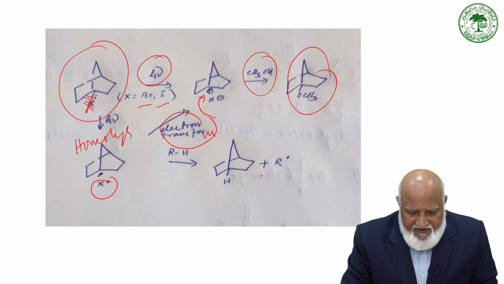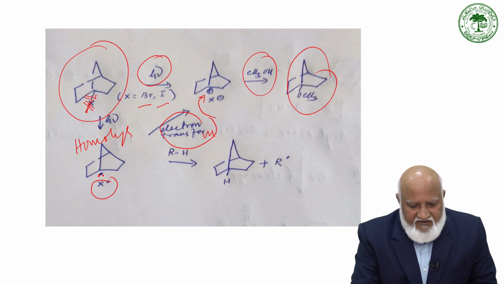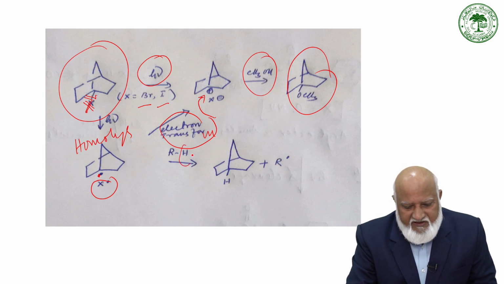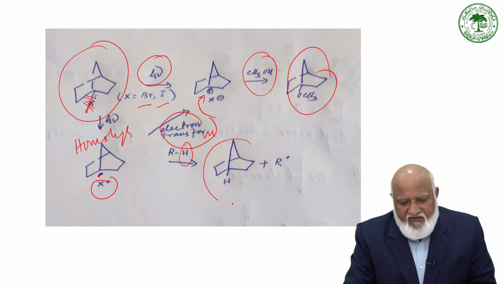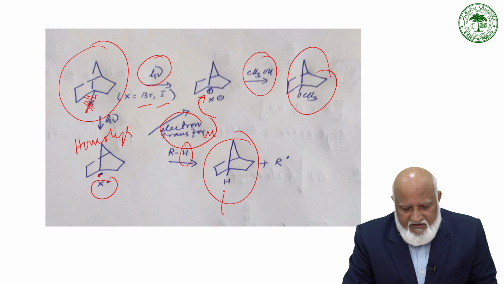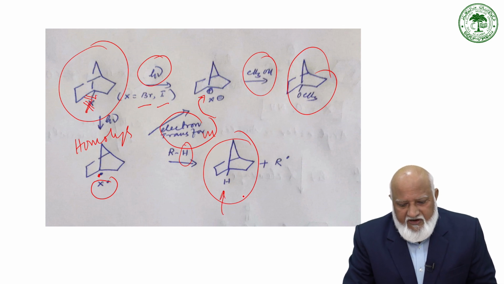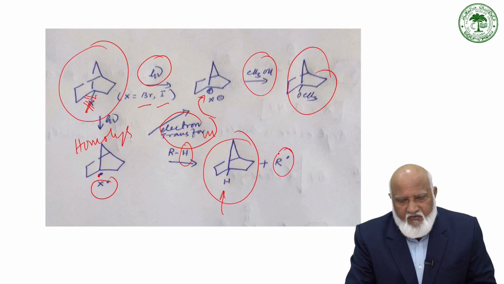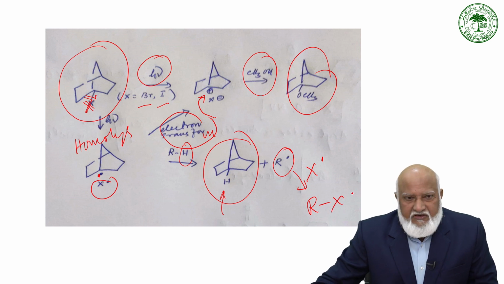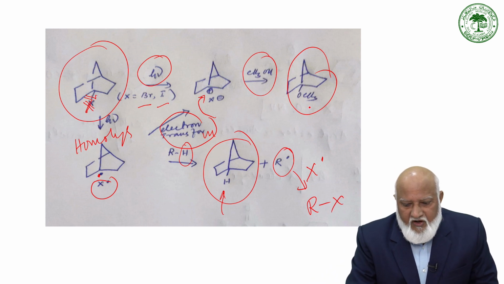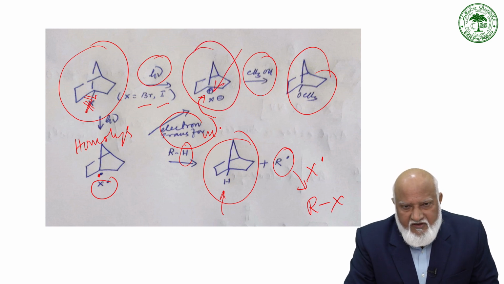And this bridgehead radical may also abstract a hydrogen atom from the solvent to give the addition of a hydrogen on the bridgehead carbon, and of course the alkyl radical can combine with X dot to give RX.